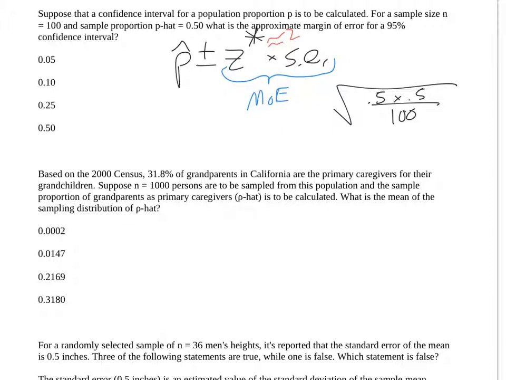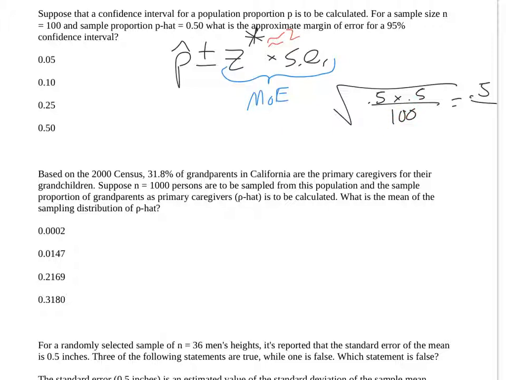Well, this is actually pretty easy because you have basically 0.5 squared in the numerator here, right? 0.5 times 0.5, that's 0.5 squared. You're taking the square root of a square. So I'll show you how this simplifies. That's going to just equal 0.5 divided by the square root of 100, since we're in the denominator now.